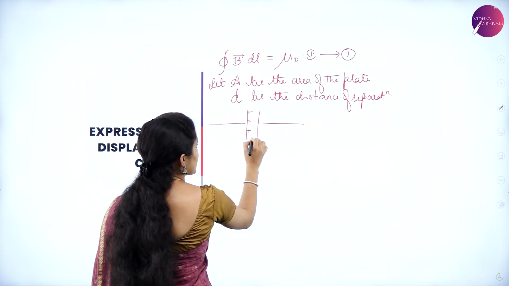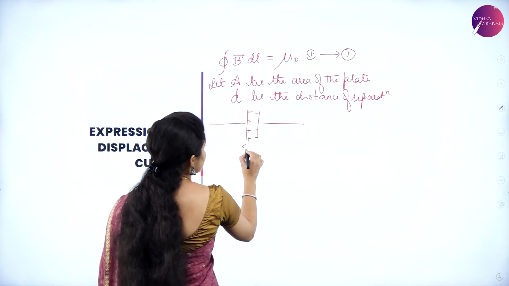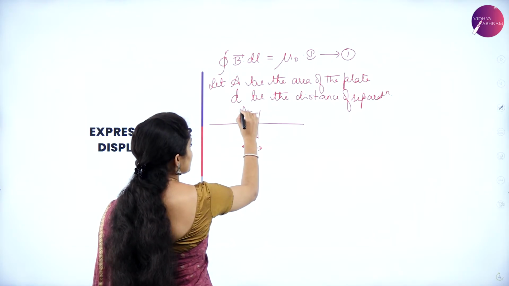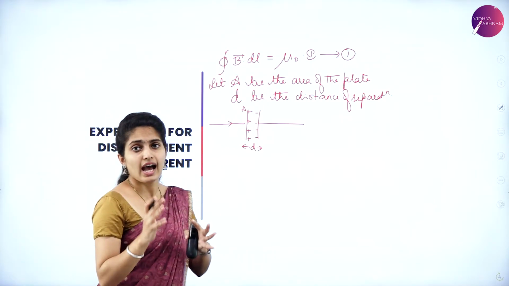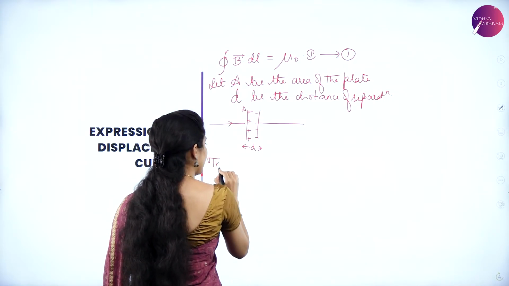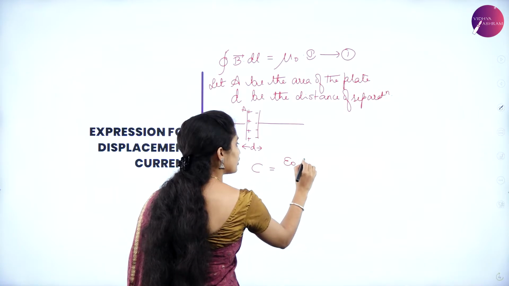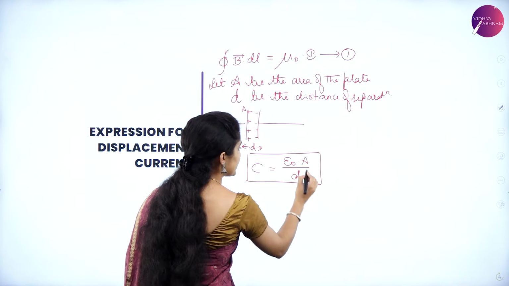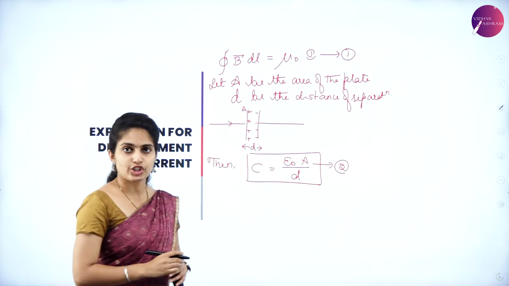These are the positive charge plate and negative charge plate, and here the distance between the two plates is D and the area is A, and this is a capacitor having a certain capacitance. Then we have C is equal to epsilon naught times A divided by D. This was obtained by using the area as well as the distance of separation. Call it equation 2.